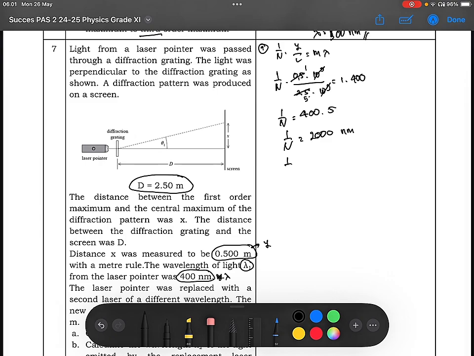You can change nanometer to millimeter. Nanometer is 10 to the 6 here.